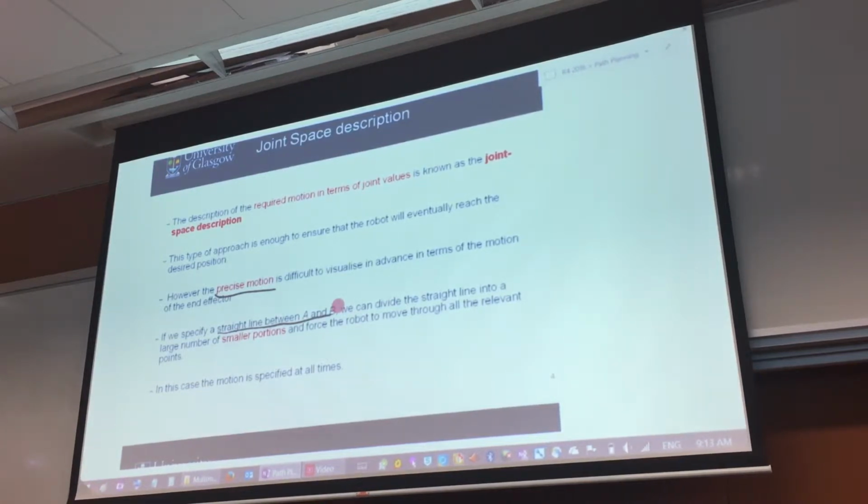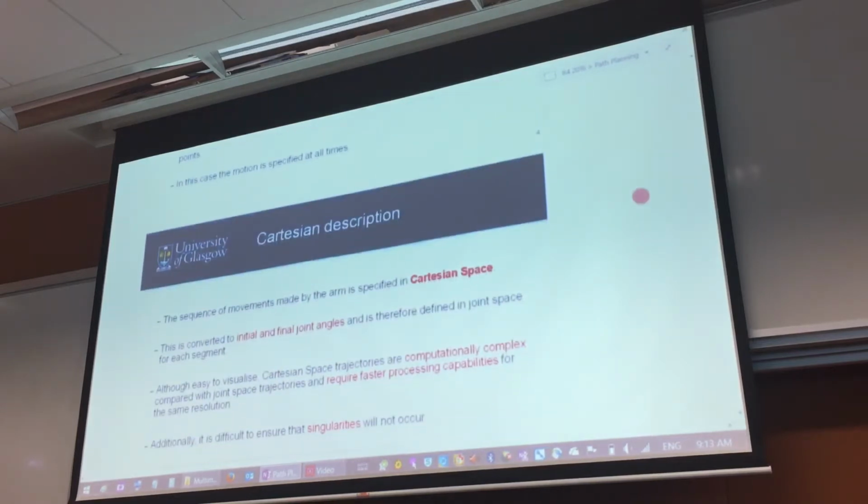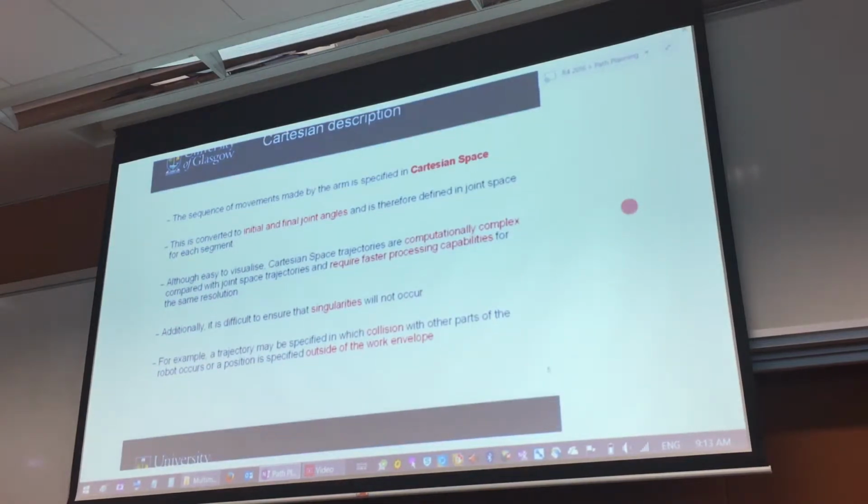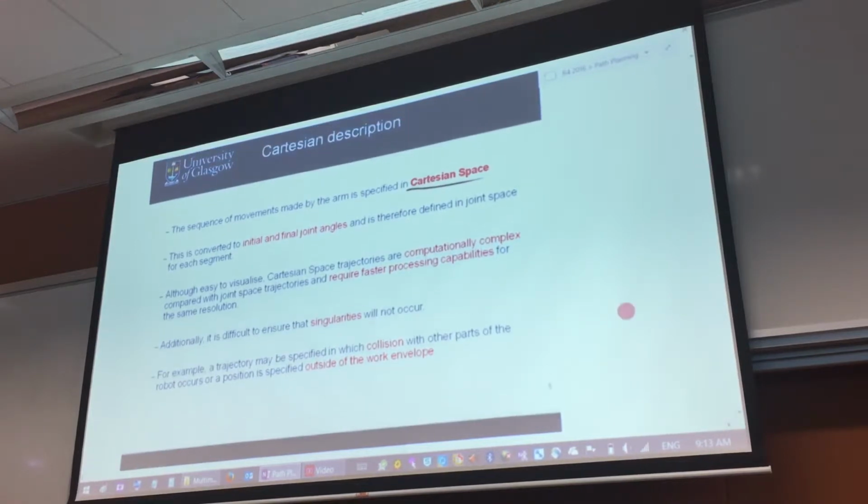And you need to do this path planning in steps, or else it's going to hit something that you may not know, because sometimes you have two robots that are working together and they may intersect each other's path. So you need to do that incremental steps as you travel from point A to point B. So you can see that the Cartesian space description is computationally more complex.